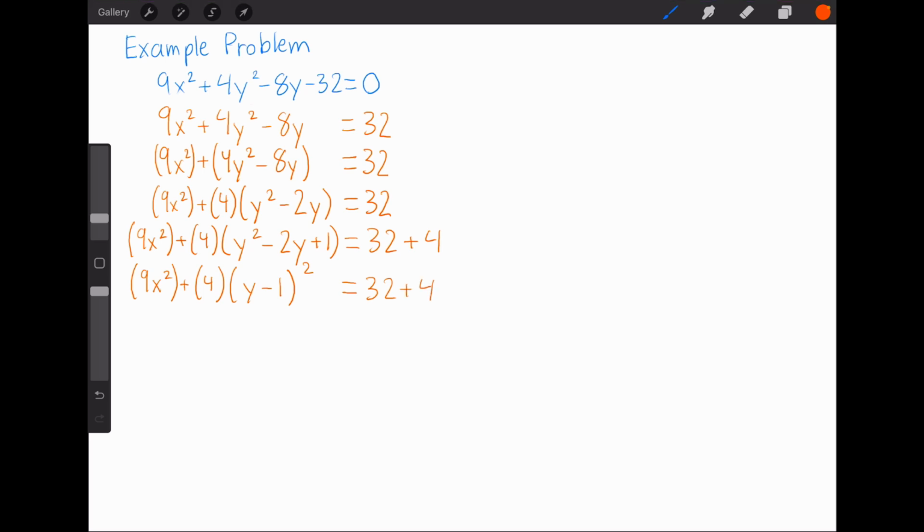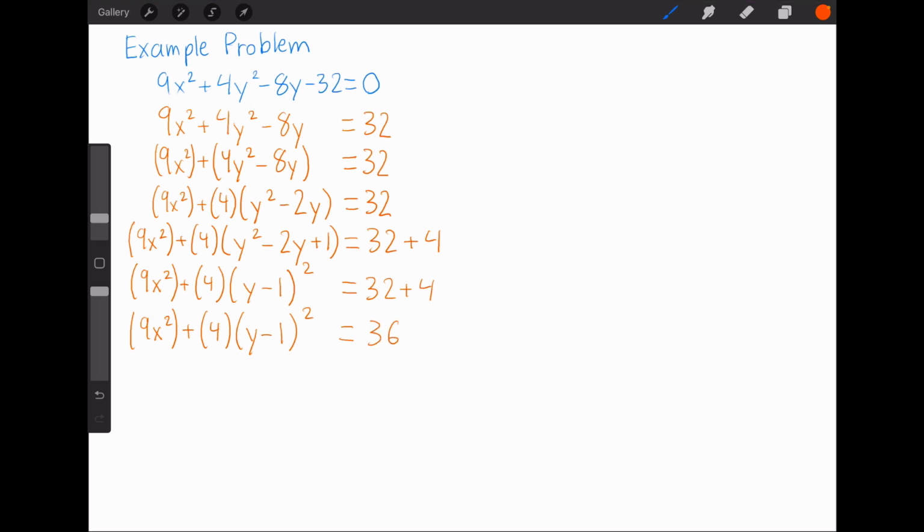In my sixth step, I am now going to add 32 plus 4. This would transform the equation into 9x squared plus 4(y minus 1) squared equals 36.